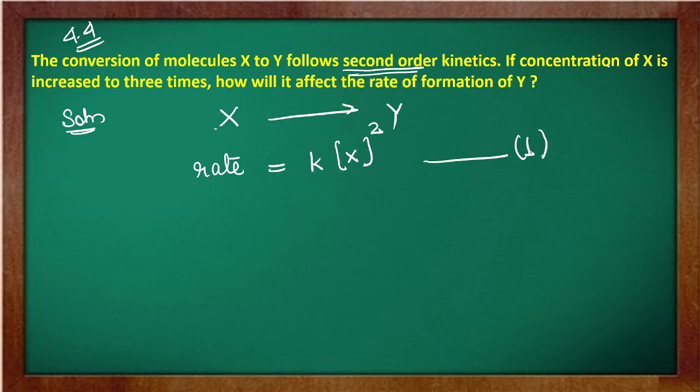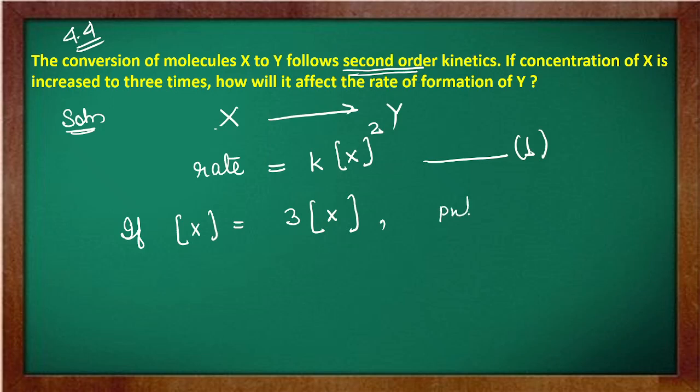Now if the concentration of X is increased to 3 times, that means concentration of X becomes 3 times concentration of X, then what happens with the rate, that we have to find.